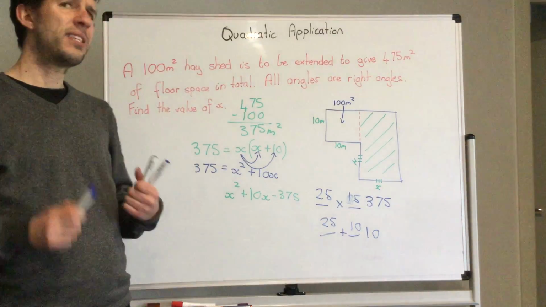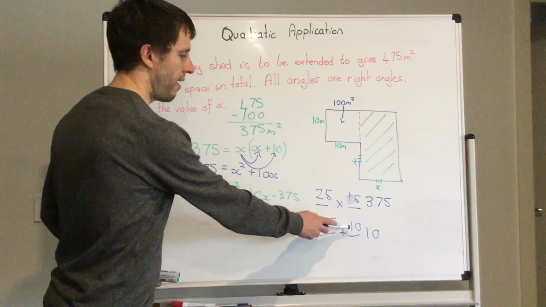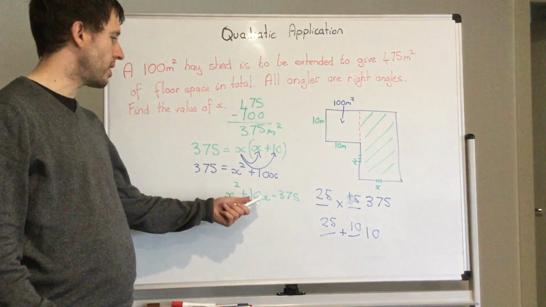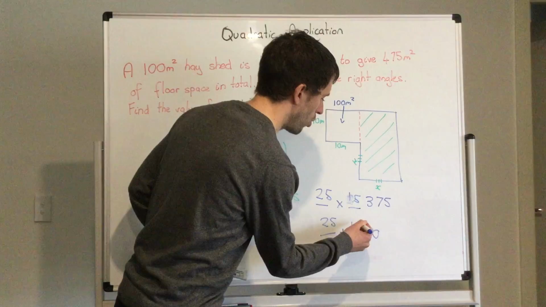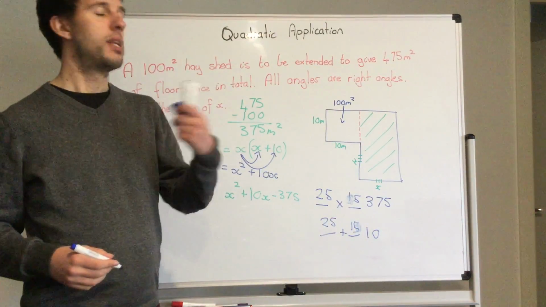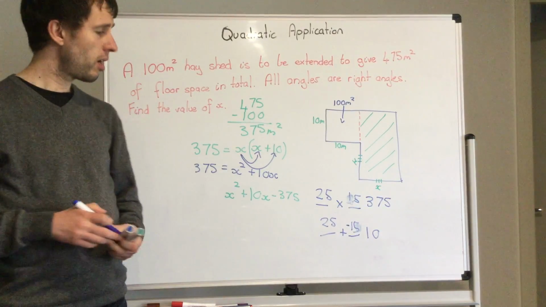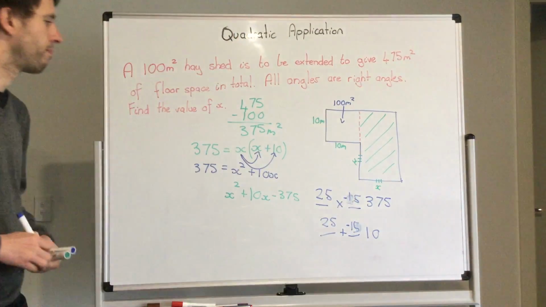So where is that negative going? Well, if I do 25 and I've got a negative 10, 25 plus negative 10 equals, so 25 plus negative 15 equals 10. So I know that my 15 must be a negative.